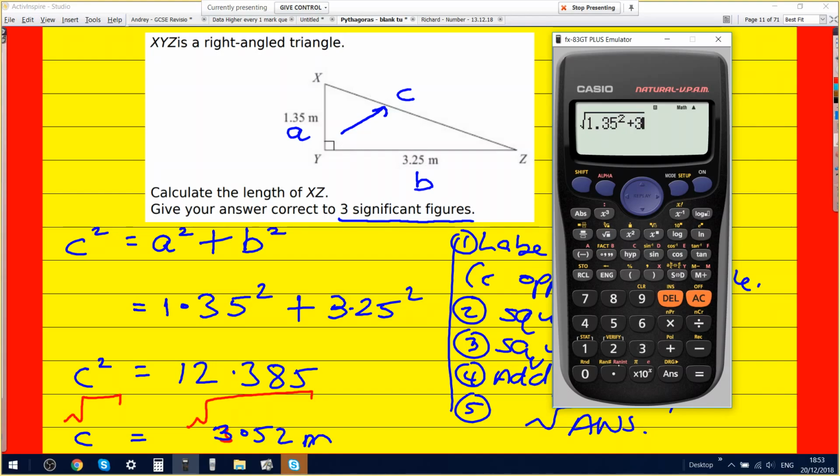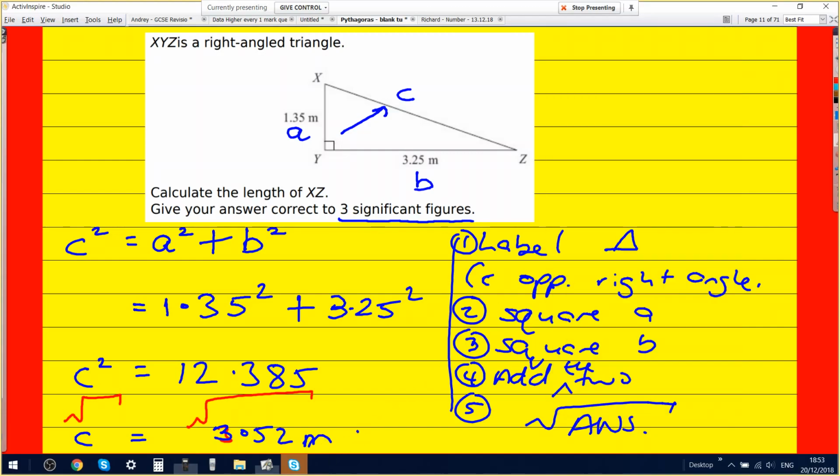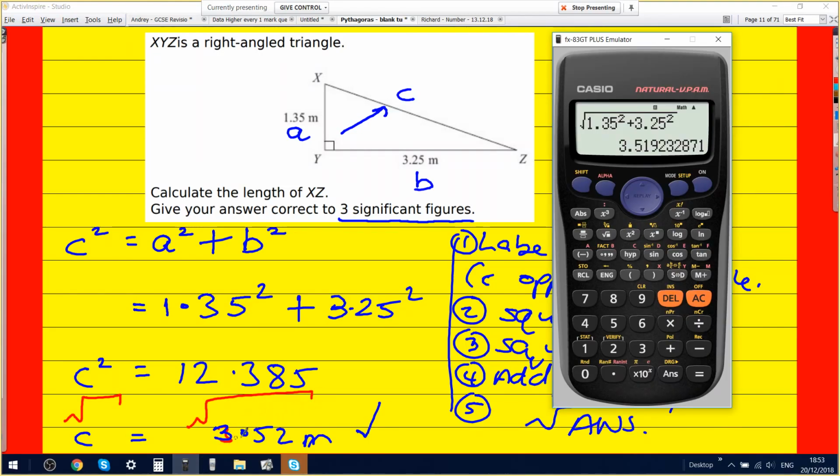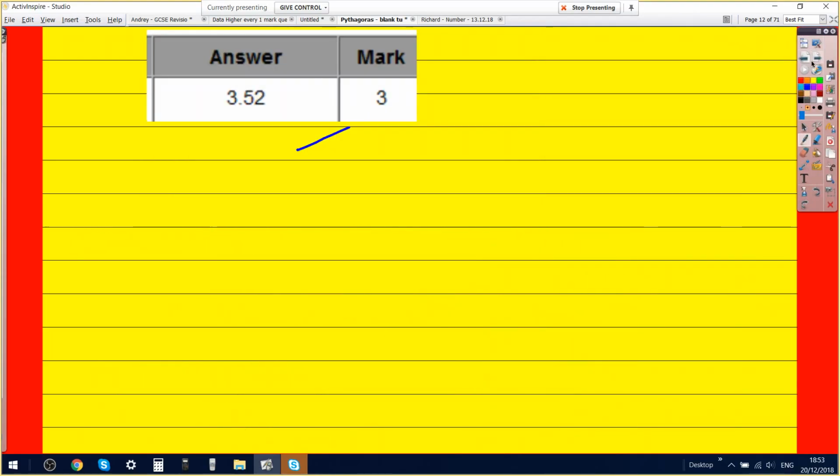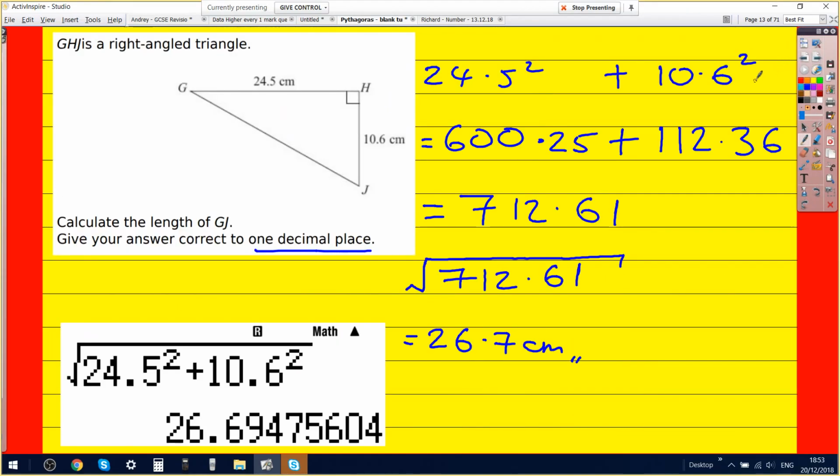If you have the diagonal line and you want one of the other two, you subtract it. And there we got 3.519, which rounds to 3.52. Figures, wouldn't that be? Yeah, and that's the same as the answer we got earlier. 3.52, 3.52. So that's a much quicker way. And you're getting better at it.